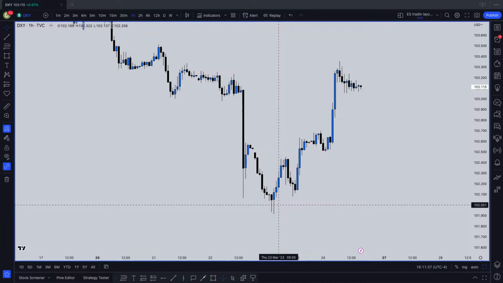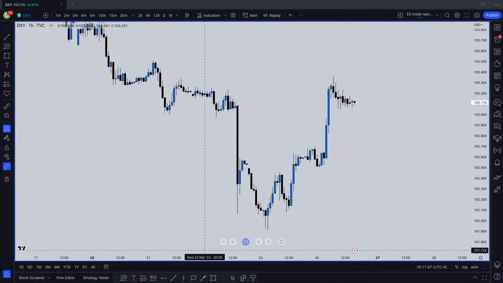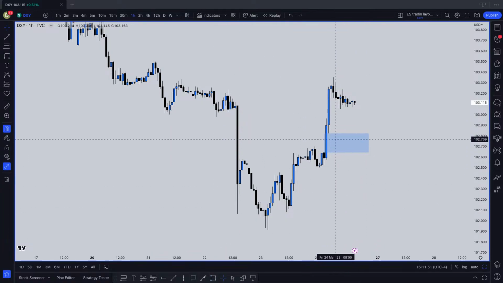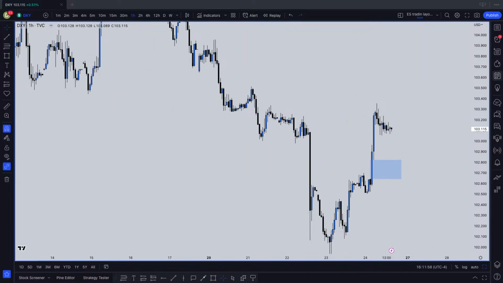However, I am favoring risk off going into this week, which is higher dollar, lower foreign currency, lower indexes. So looking at the dollar index, we have a fair value gap in here in discount. I would want to see price drop into here and find support to then continue higher and take out this buy side liquidity here.